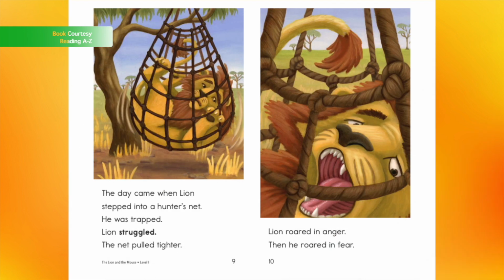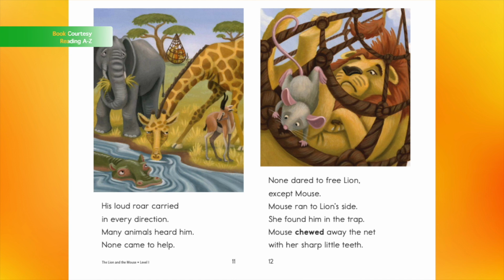The day came when Lion stepped into a hunter's net. He was trapped. Lion struggled. The net pulled tighter. Lion roared in anger. Then he roared in fear. His loud roar carried in every direction. Many animals heard him. None came to help him. None dared to free Lion, except Mouse. Mouse ran to Lion's side.